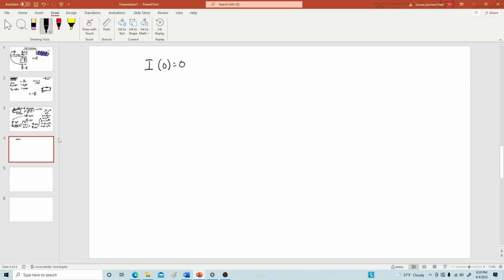So if this is the case, then we've got 0 is equal to epsilon naught over R minus C times e to the 0, and e to the 0 is 1. So epsilon naught over R minus C is equal to 0, or C is equal to epsilon naught over R. So my current as a function of time can be written like this.